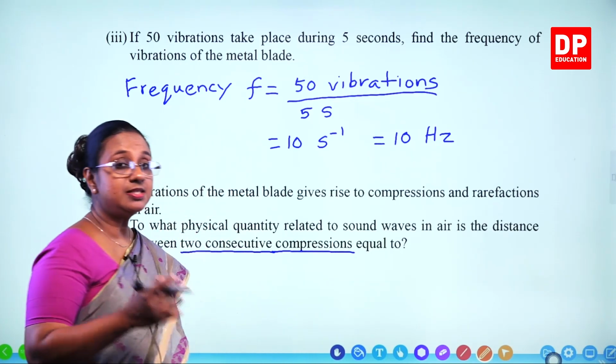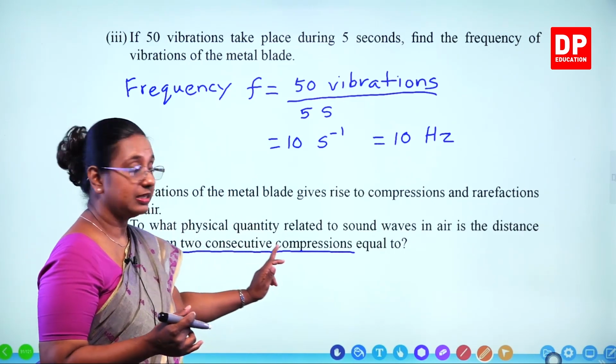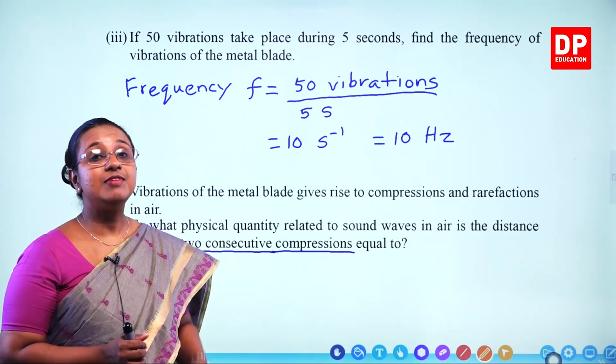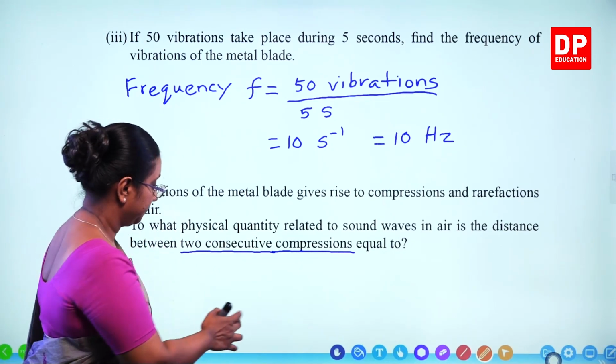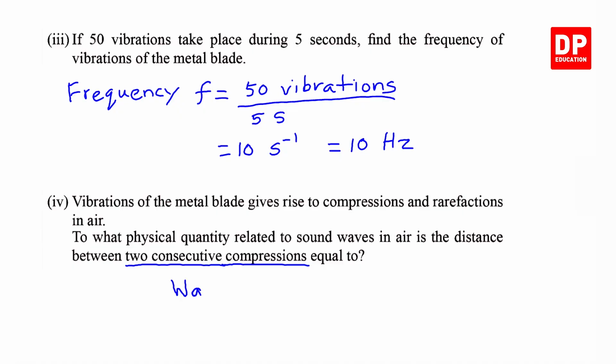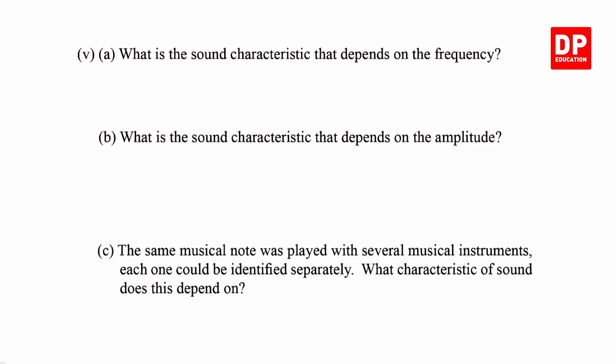So compressions are similar states and they are consecutive. So that means that will be equal to the wavelength of the wave. So here the answer will be wavelength. With that, I will move on to the next question.